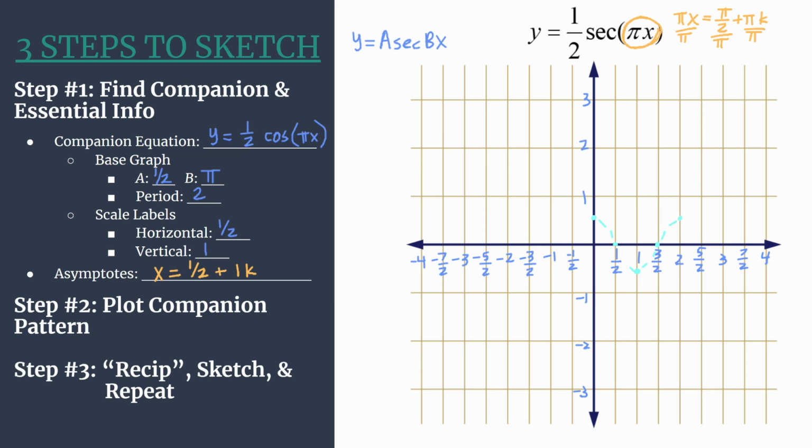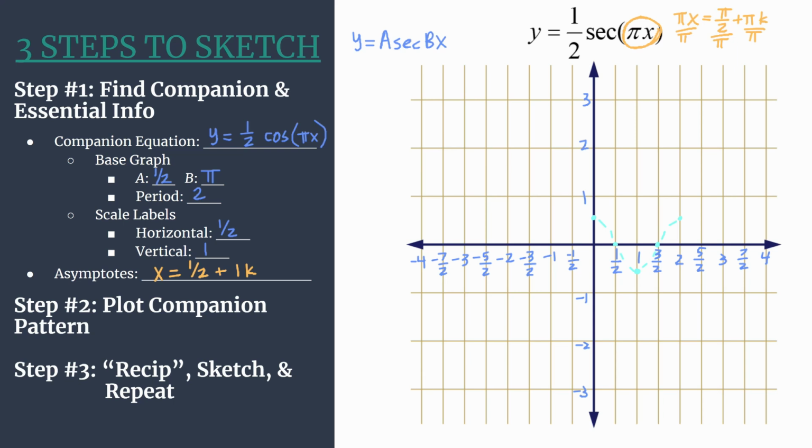So hopefully you see why I said it's nice to know and be confident in graphing cosine before you start to graph secant. Okay, we're now ready for step 3, which is recip, sketch, and repeat. So recip is actually just taking the points from our companion pattern and changing them into what we need for secant. So let's review.